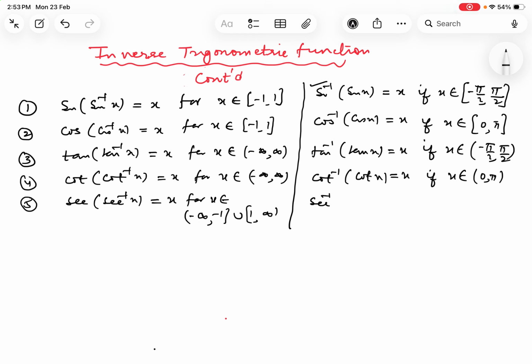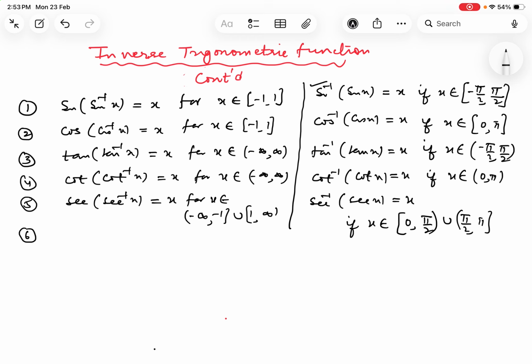And secant inverse of secant x is equal to x if x belongs to 0 to pi by 2, closed at 0, open at pi by 2, union pi by 2 to pi. Just see the difference in the two.